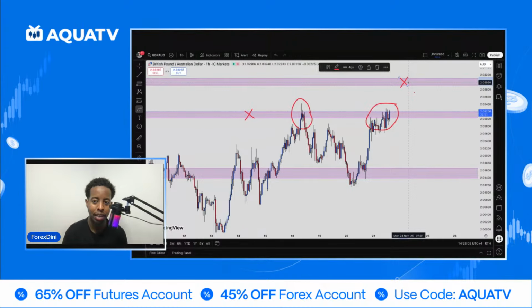First targets being 2.03990 and higher, of course. Okay, but what I need to see is price close above this current resistance zone. If we get a body close above, we could consider going long. Okay, straightforward.